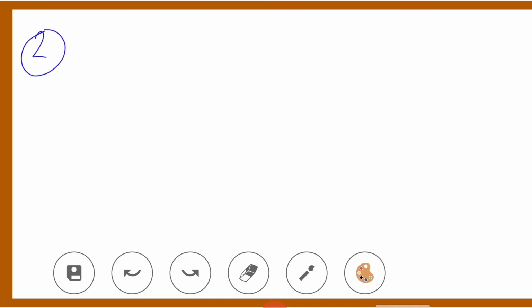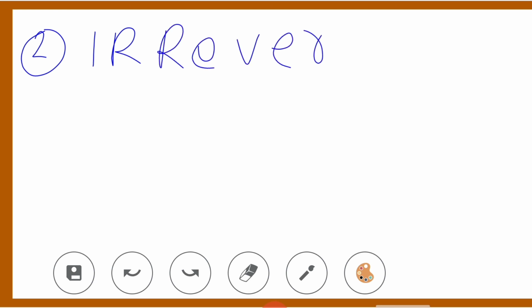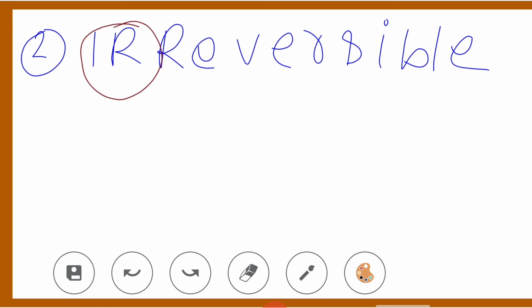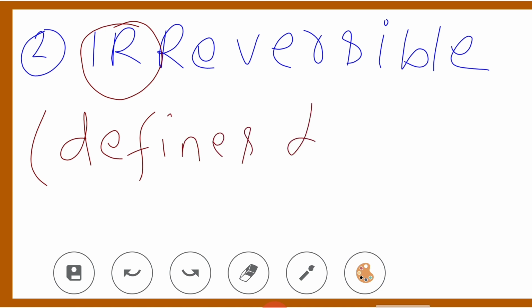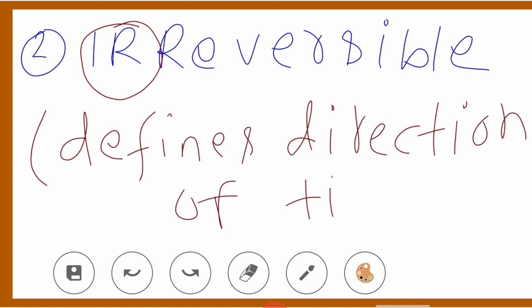In case of irreversible, an irreversible process defines the direction of time. I mean, in this process we will get only product, but product can't return to reactant.